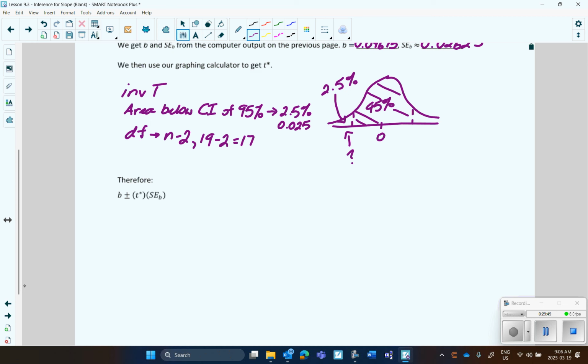Inverse t, the area is 0.025, the degrees of freedom is 17. Hit enter a couple of times, wait for it to calculate, and you get approximately negative 2.11. But we just want to find the number of standard errors, so it's 2.11 standard errors away from here. So we just change it to positive. T star is just going to be positive 2.11.